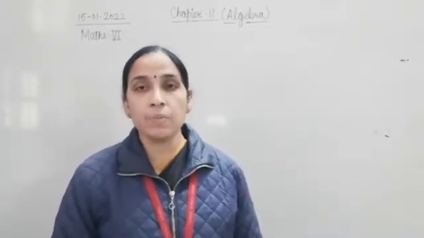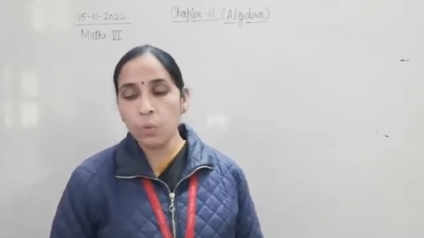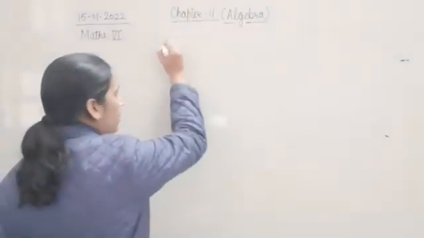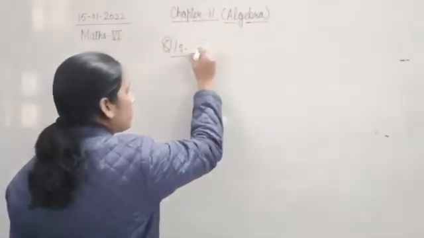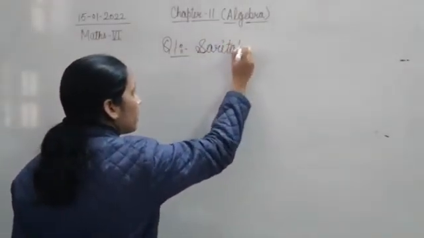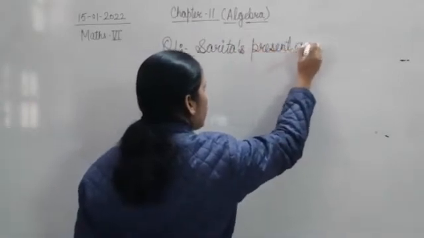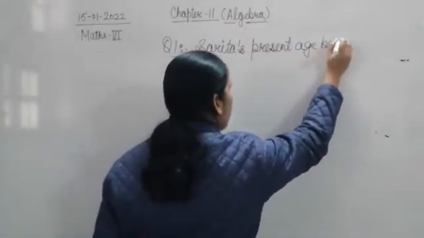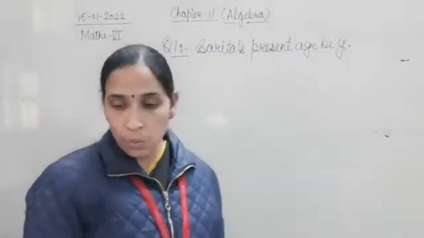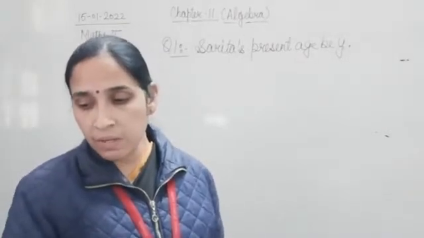First part, what will be her age? Take Sarita's present age as y years. This is given to you that the present age is y.